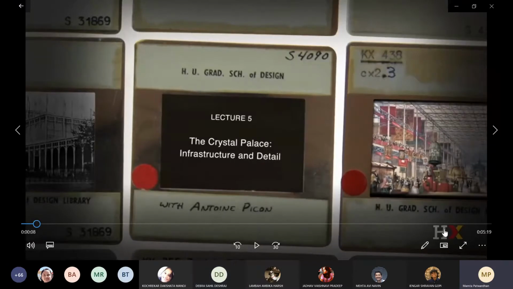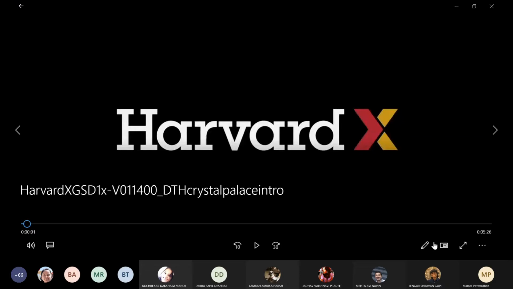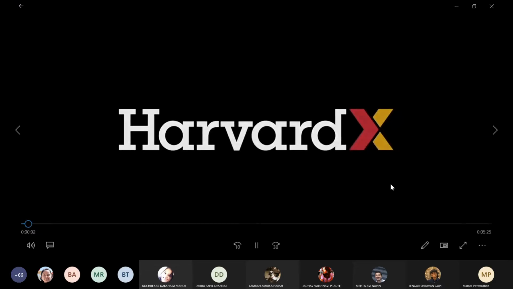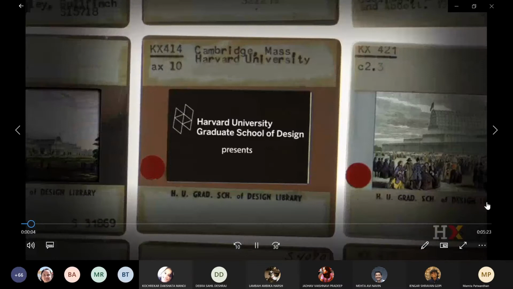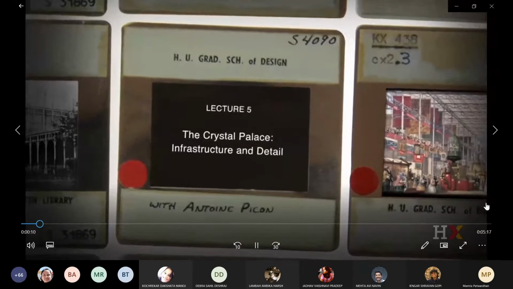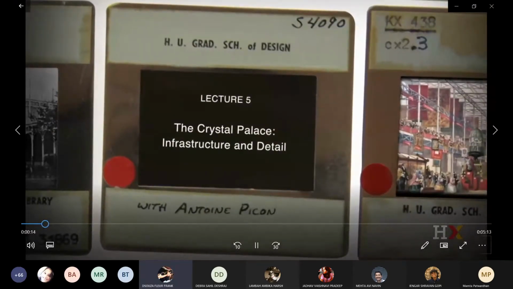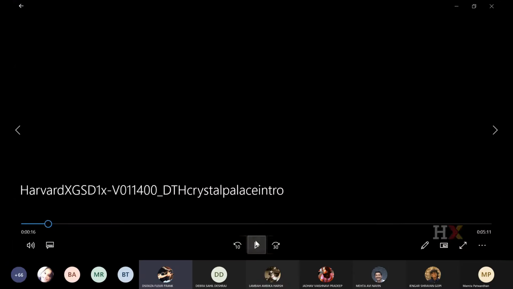Yes. There's no audio though now. I think you forgot to add computer audio.